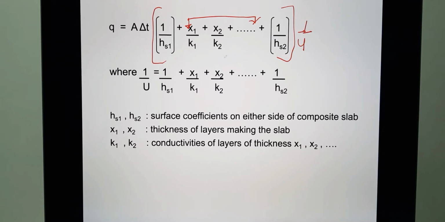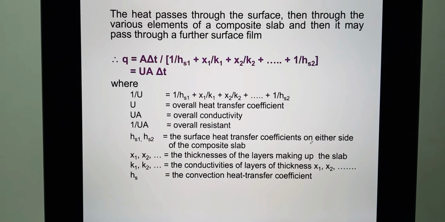Alright. So HS1 and HS2 are the surface coefficients on either side of the composite slab. X1 and X2 are the thicknesses of the layers making up the slab. K1 and K2 are the conductivities of the layers for the thicknesses X1, X2, and however many materials you are going to deal with in the problem statement given to you.